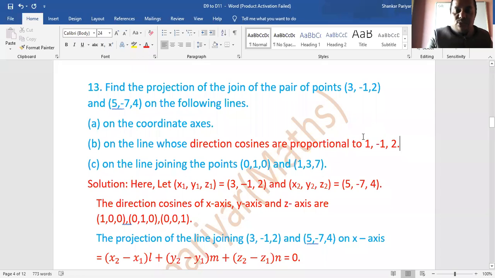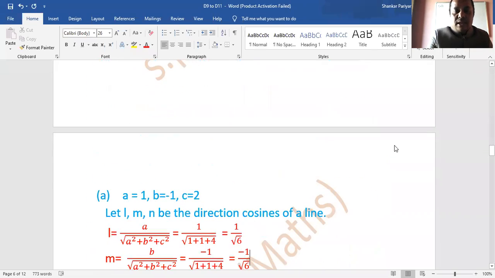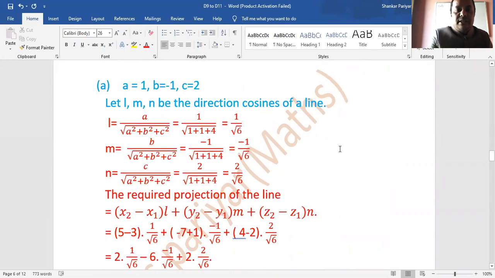So now what you can do, for this 1 you can suppose A, for this minus 2 you can suppose B, for this 2 you can suppose C. Actually, this is A, this is B, and this is C. These are the directional ratios. Now I'm going to explain B number.